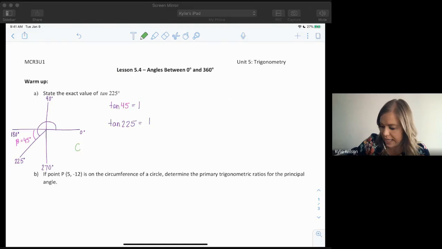So our CAST rule just tells us which angle is positive where. So if I look, our angle 225 is living in our T quadrant, which means tan in this quadrant is also positive. So I can leave my answer here as positive 1. I don't need to add a negative because tan is positive in that quadrant.